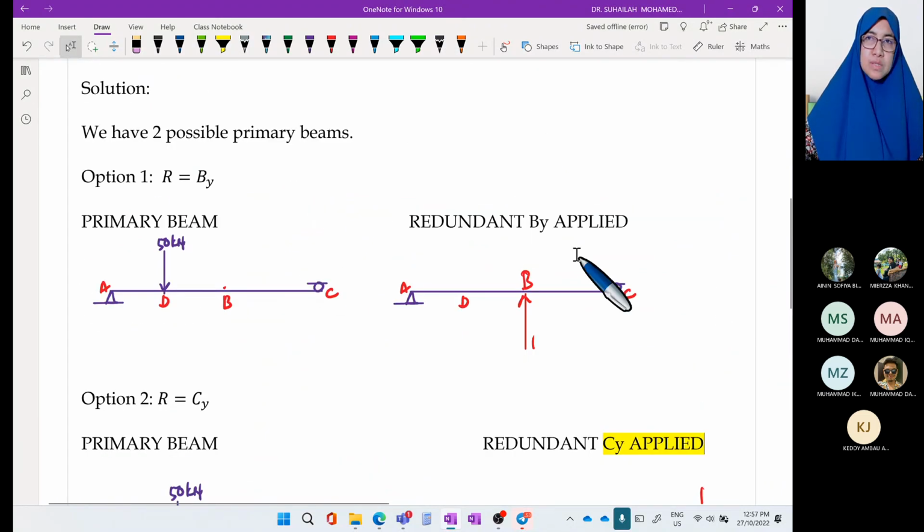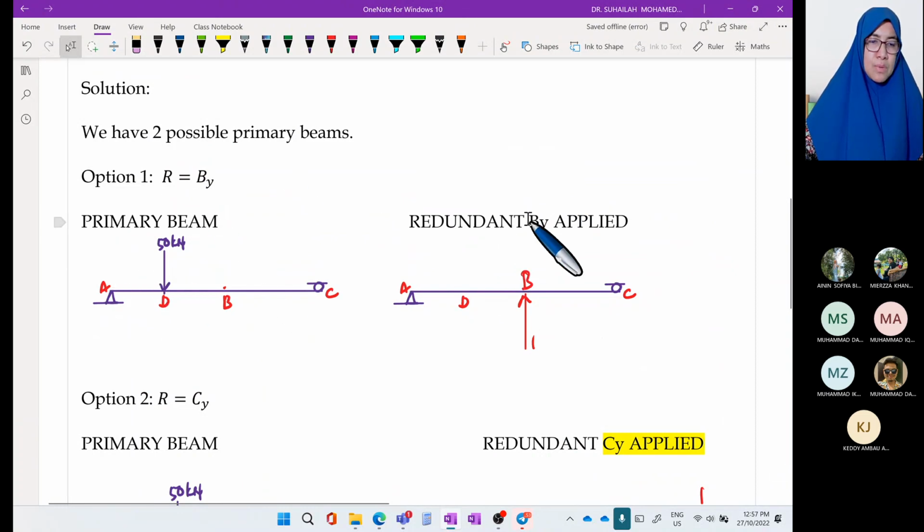Same goes for the first option. For the first option, we have the primary beam. After removing BY, it becomes like this. It remains the same beam, just remove 50.